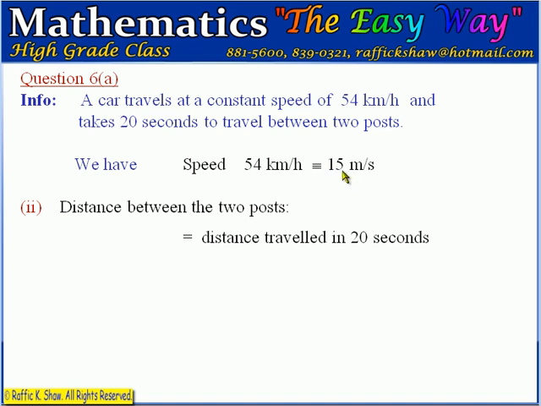The distance between the signposts is the distance traveled in 20 seconds. If you travel 15 meters in 1 second, it therefore means that we have to multiply by 20 to find the distance traveled in 20 seconds.